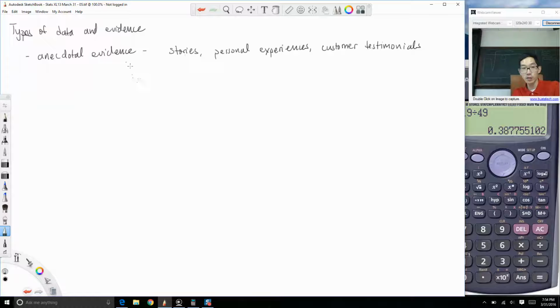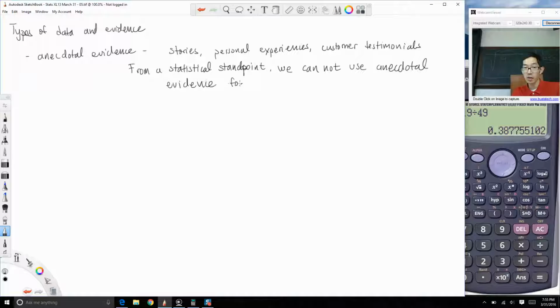So from a statistical standpoint, we cannot use anecdotal evidence for analysis.